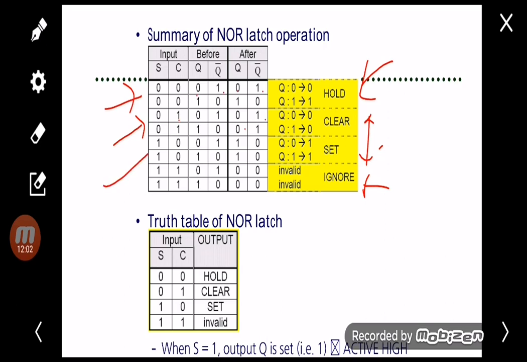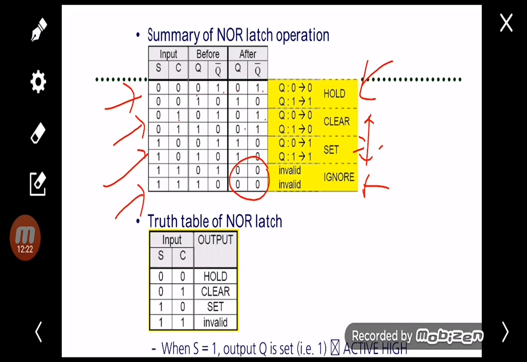If the input is S 1, C 0, we get 1 as the output. And if we give the input S C 1 1, you will get Q is 0 0. Both Q and Q bar are 0.